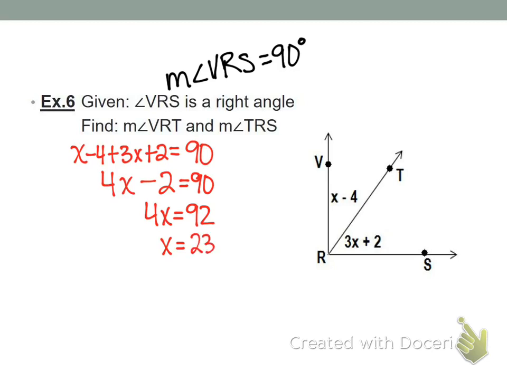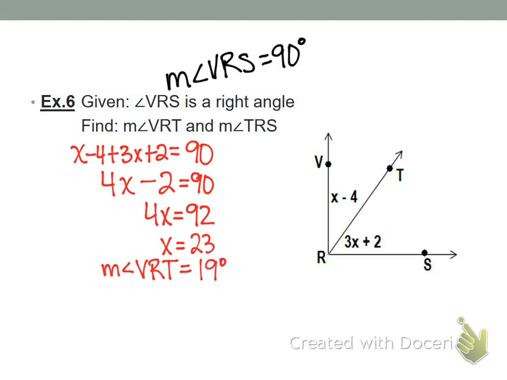I'm liking 23. If we did not get 23, did we find where we went wrong? Okay, once we get 23, we still need to find the measures of the angles. What did we get for the measure of angle VRT? 19 degrees.